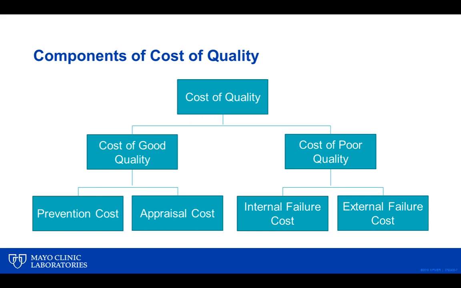So the internal failure cost is something that costs money that you spend to fix problems before they leave the door. So this is within the lab, you find an issue, you fix it. It's costing you money. And the external failure cost is the one that goes out the door. So now you have the results to the physician, or you have the result to the patient, you have some kind of product to the customer. This is not good because now your issue is already out the door.